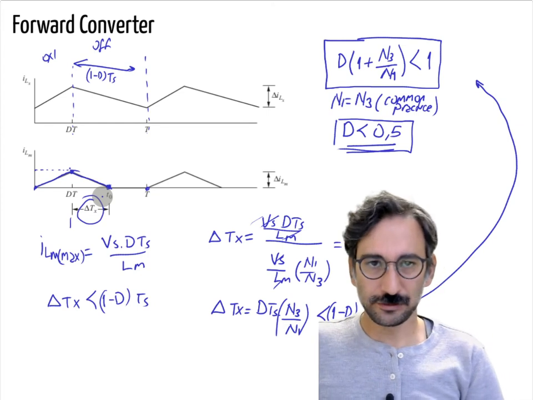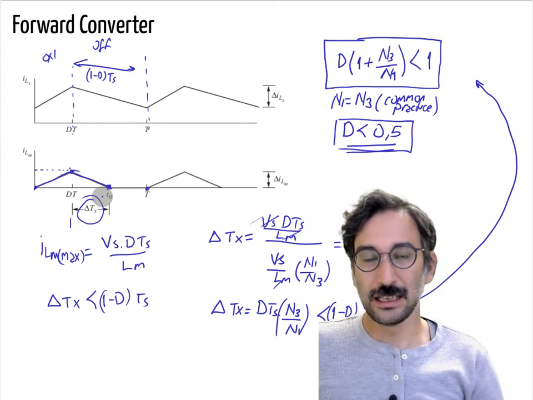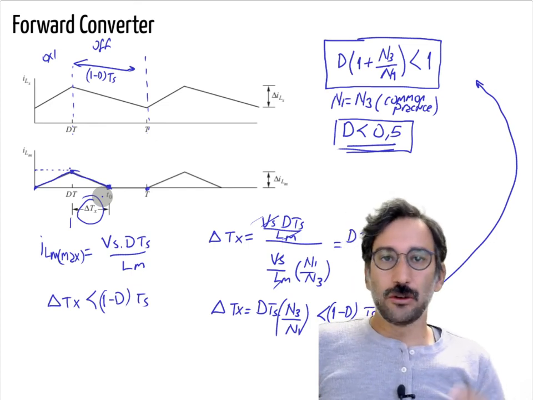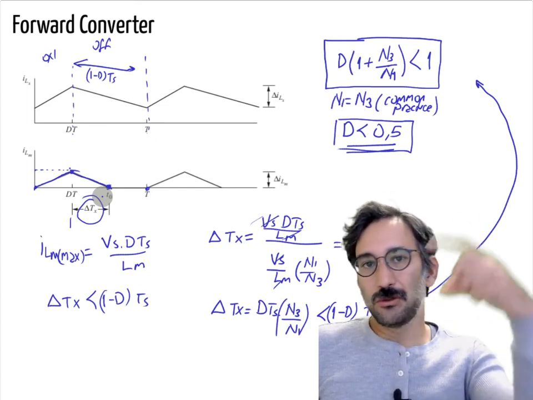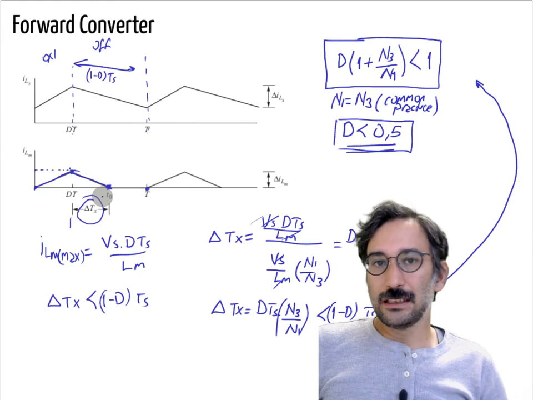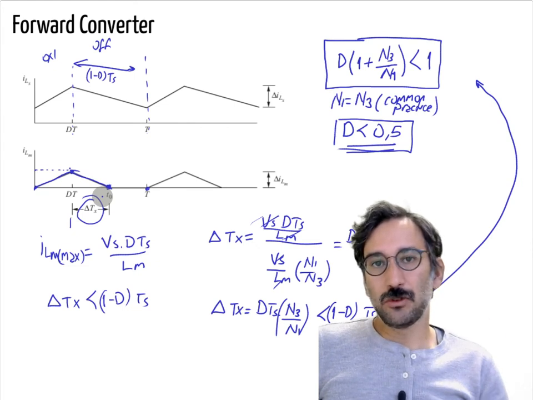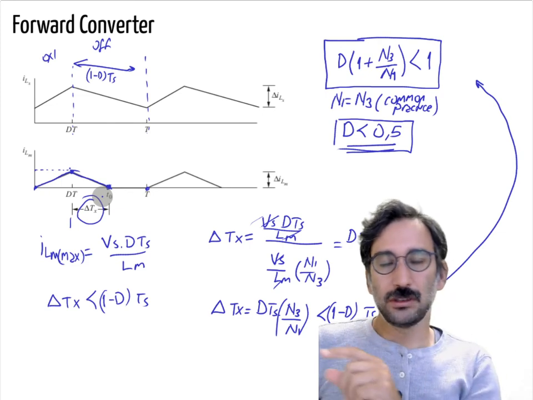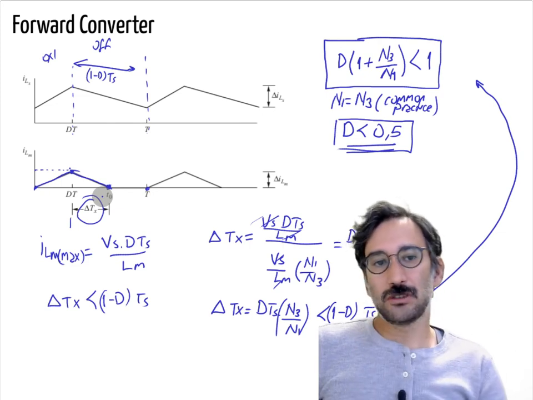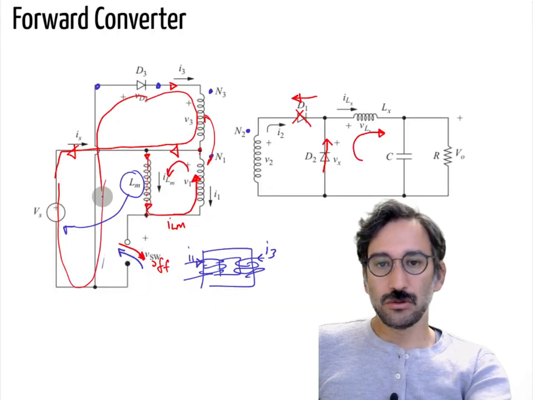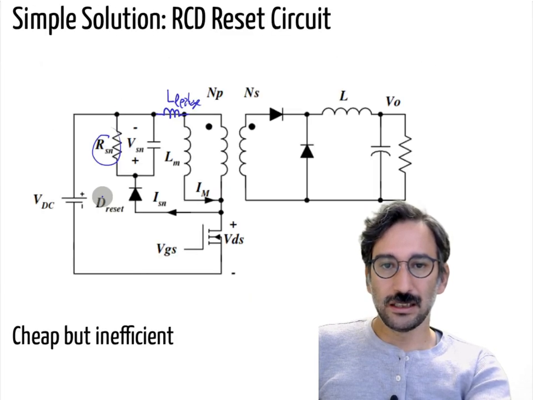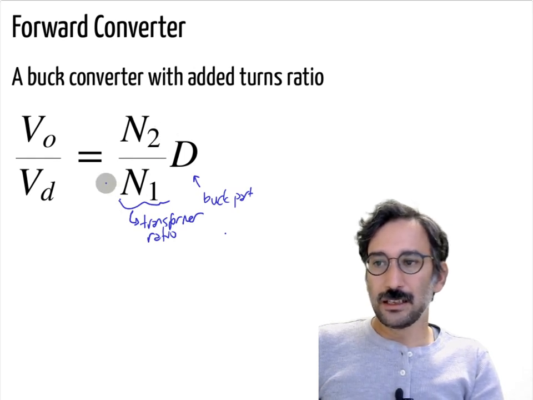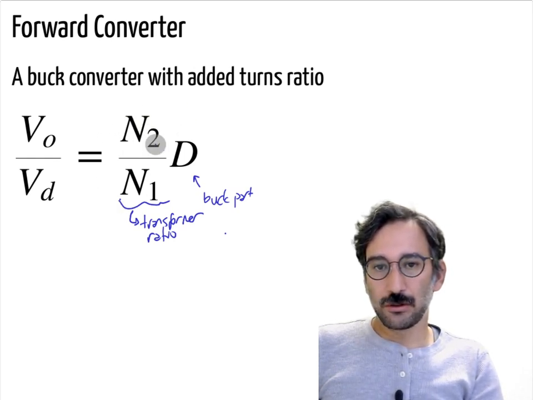And again, this is a common practice, and you need to make sure, because sometimes your input voltage is changing and you want to obtain a constant output voltage, so you can play with your duty cycle during operation, but you need to think about your input voltage variation. At the end of the day, you have that ratio in your control.